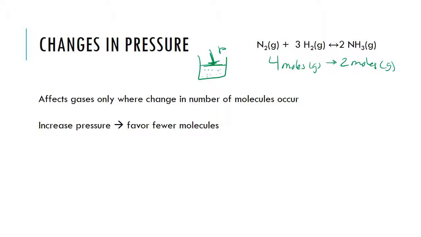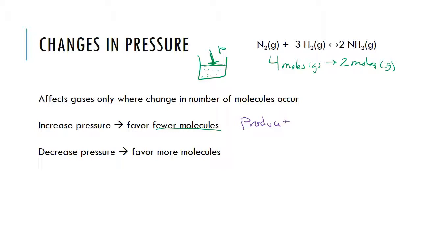When you increase pressure, you're going to favor fewer molecules so that there's more space for the molecules that are in the reaction to move around. So in this particular reaction, we are going to favor our products because there's only 2 moles of products in this reaction versus 4 moles of reactants.